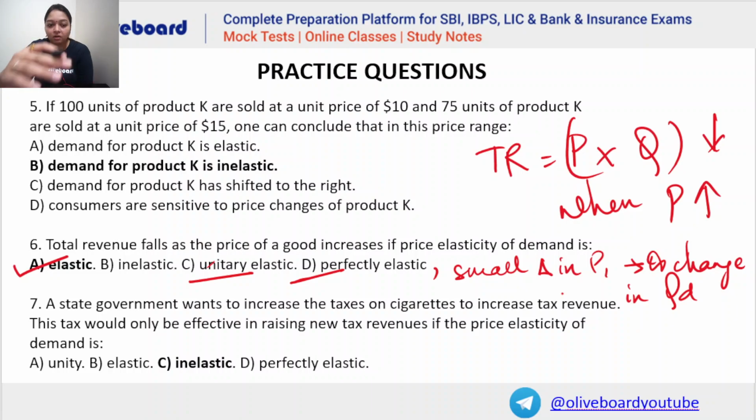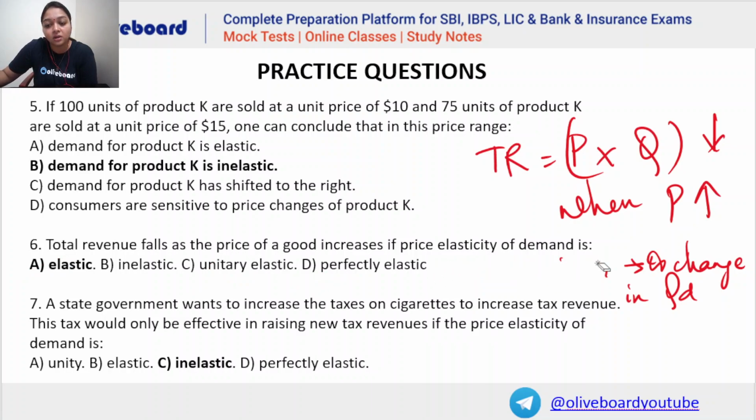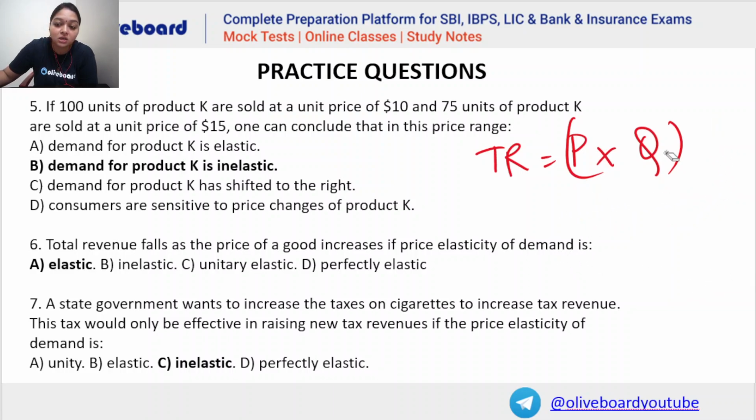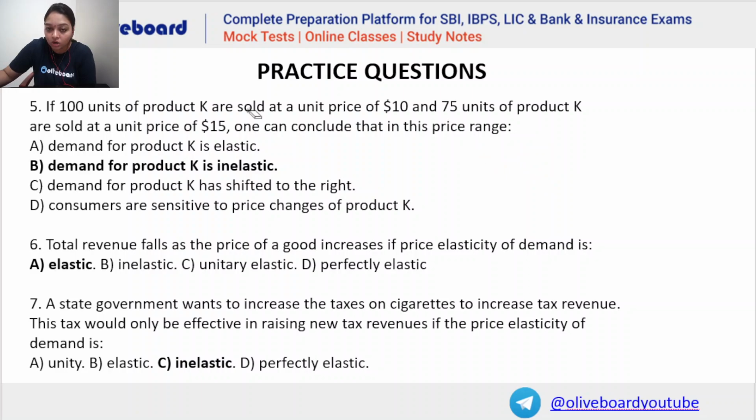Have they mentioned anywhere that the quantity change is infinite or unlimited? They have not. So we cannot make that assumption just based on this question. It's a very general question. The only assumption you can make is that when price is increasing, quantity demanded is falling. That means price has some effect on quantity, right? But if they had told us that even when price is increasing, quantity demanded is not changing, then you can say it was inelastic. So the answer is A.